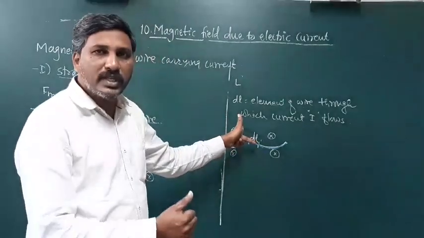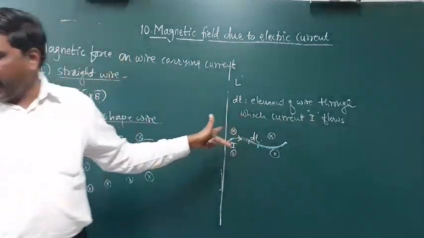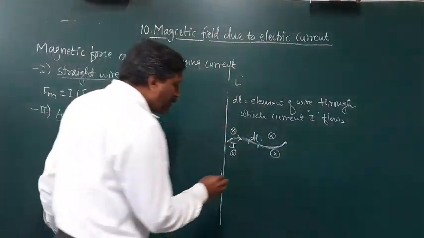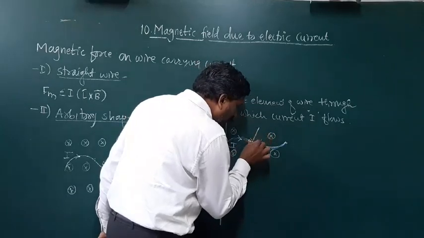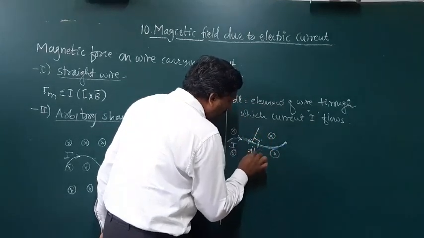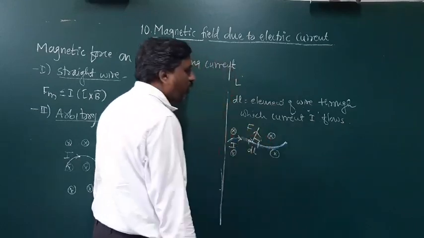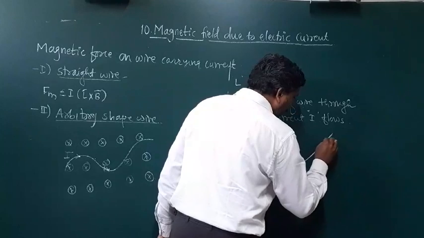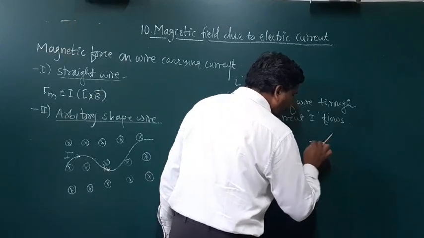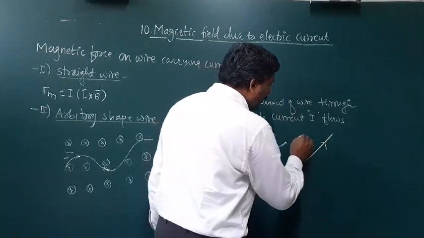The direction of force is upward, and that force is exactly perpendicular to the length. Suppose this is my length, then the force makes an angle of 90 degrees with the length element. So this is my direction of force. If the current is flowing in this way, the current is moving in the upward direction. Again, the field is perpendicular.